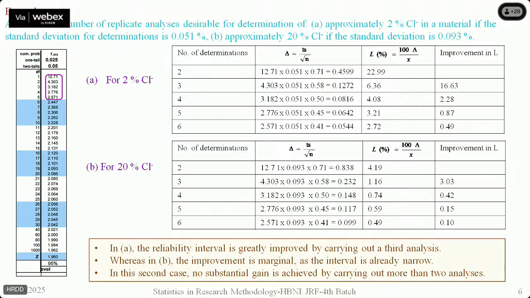In the L percentage formula, yes, we are not getting 22.99%. So how is it possible? In degree of determination, we are getting that. You are not getting that. That is, yes, 100 into delta by X. 100 into 45.99.